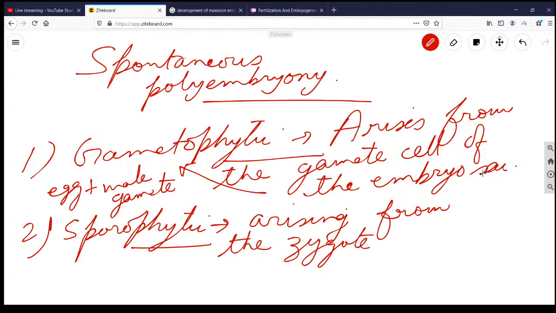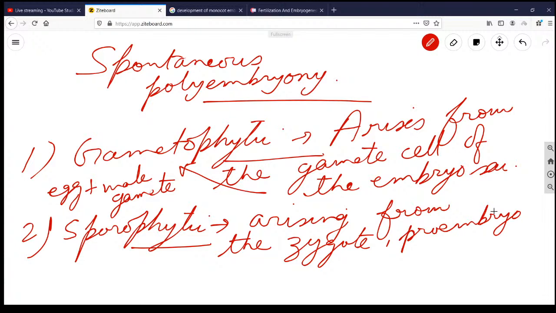So this one is from the zygote, from the proembryo, from the synergids, from the antipodal cells, from the nucellus, from the integuments. Nucellus and integuments are the initial sporophytic cells of the ovule, so that is known as sporophytic.